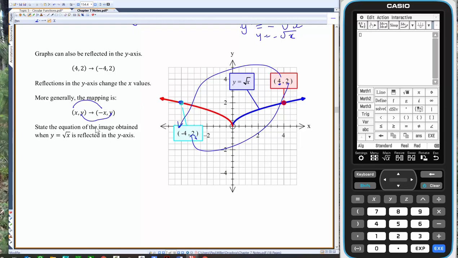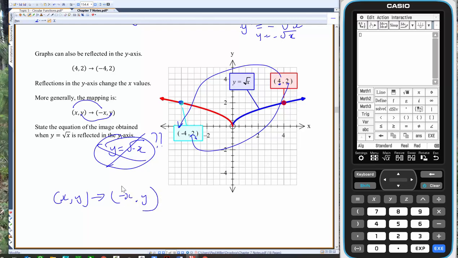Now, state the equation of the image obtained when this is reflected in the y-axis. Well, I believe the answer is going to be y equals root negative x. But just say you were like, I would not have a clue, Mr. Miller, I don't know what it's going to look like. Map it. So x dash equals negative x, y dash equals y.